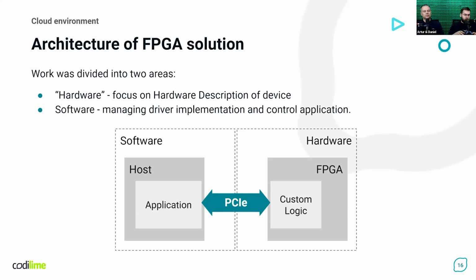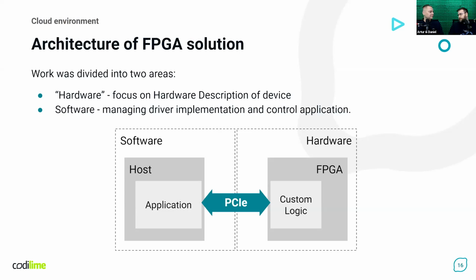The first one would be a hardware part, which, like Daniel said before, is a configuration of the DPDK of FPGA and HDL code, which implements our custom logic, and a software part, where we handle communication, data transfer, and signaling with our FPGA. Because after all, FPGA allows us to create custom circuits, and handling those custom circuits also needs to be custom. In our case, in the case of the Amazon environment, the bridge between those components is a PCI Express bus.